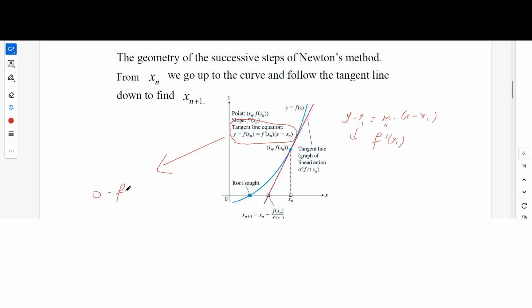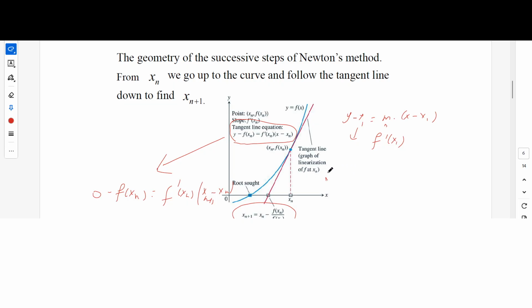You just copy everything else, and your x value would be x n plus 1, because that's the next point, minus xn. If you solve this, this is what you get: the next point can be found by using the previous x coordinate minus the value of the function at that x coordinate divided by the derivative of the function at that x coordinate. So this is the formula for finding the next x coordinate using Newton's method.